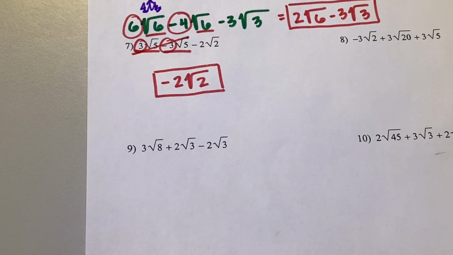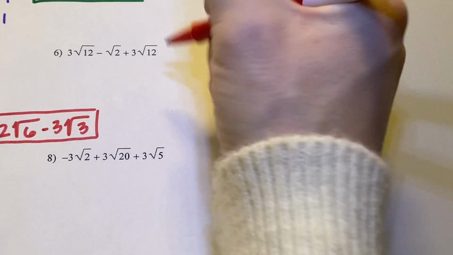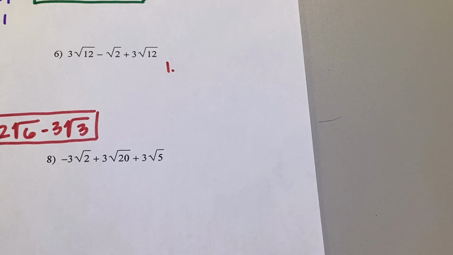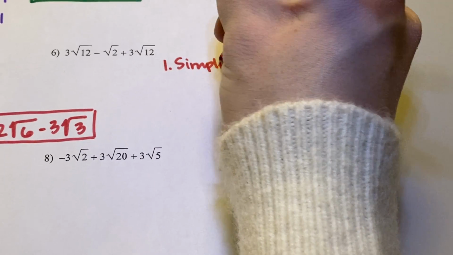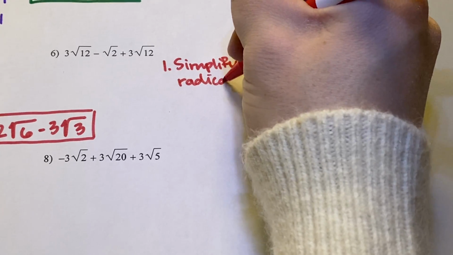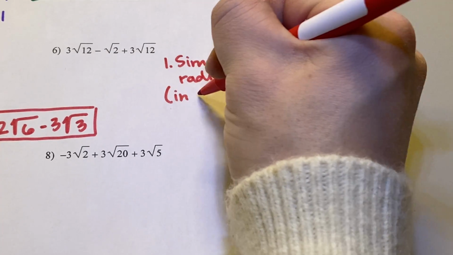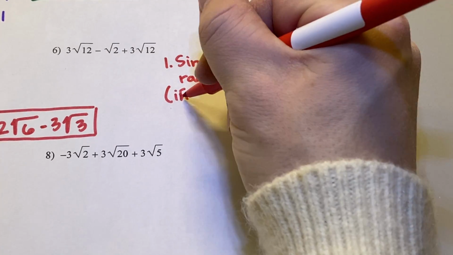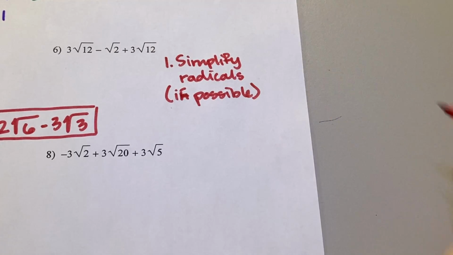Okay, before we go any further, let's go ahead and use number 6's space to write down these steps. Our first step in adding and subtracting these guys was to simplify the radicals, and in parentheses, I'm going to put if possible, because sometimes they're already simplified.